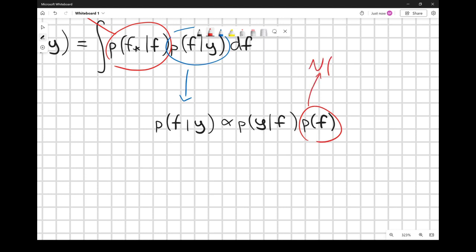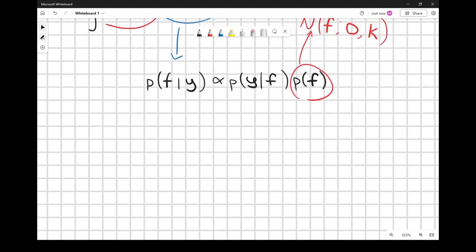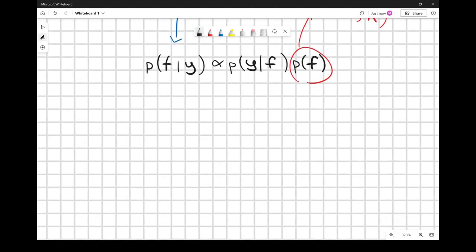We know that this is a normal distribution that is zero mean and has covariance matrix capital K. As for this second term, recall the noise model, which we specified at the start of the video when we were talking about linear regression.